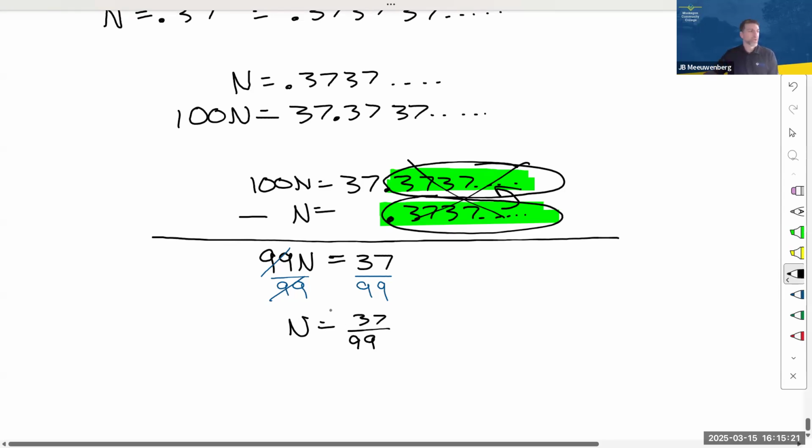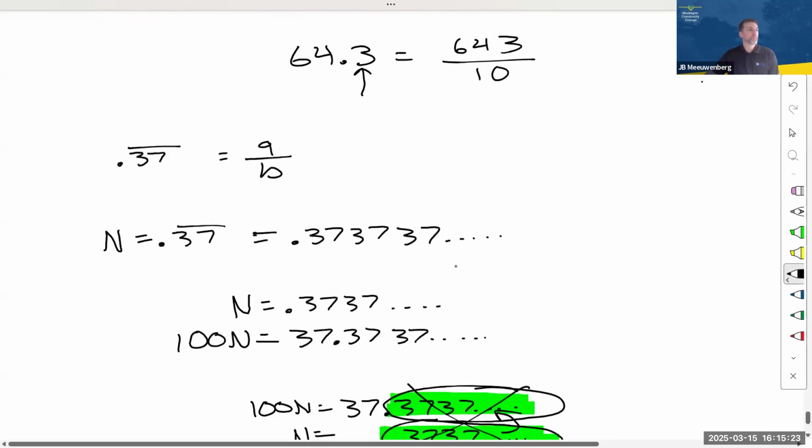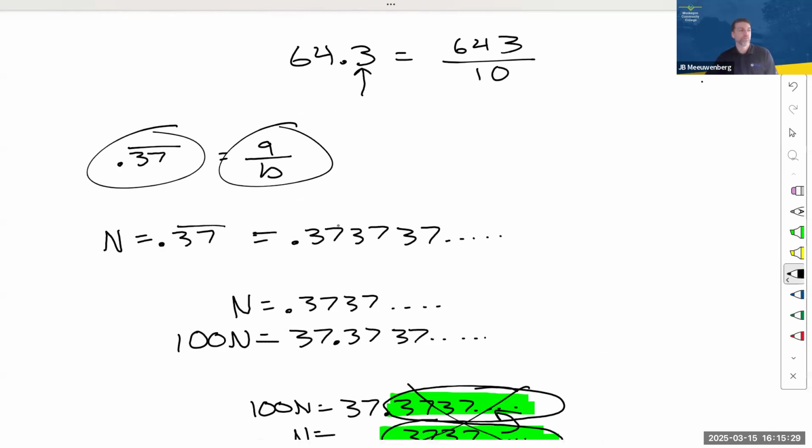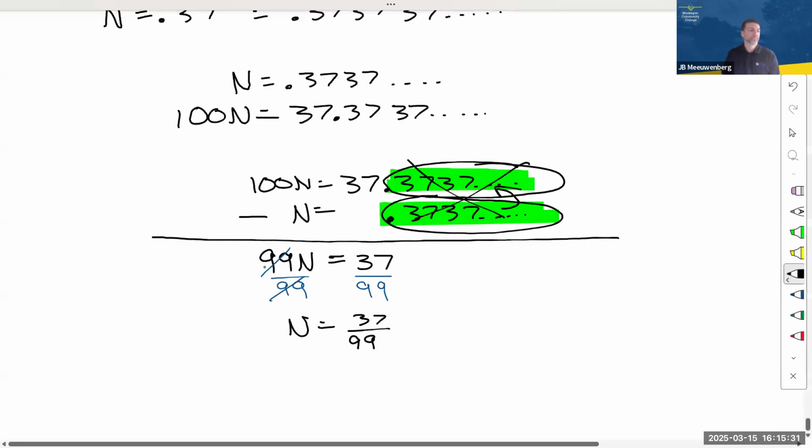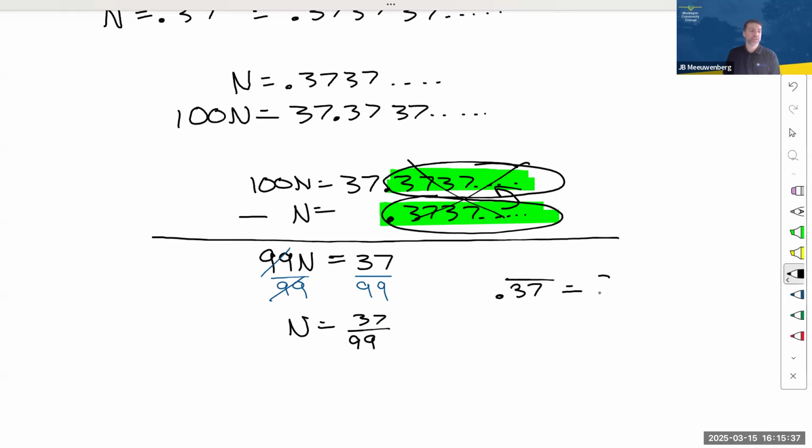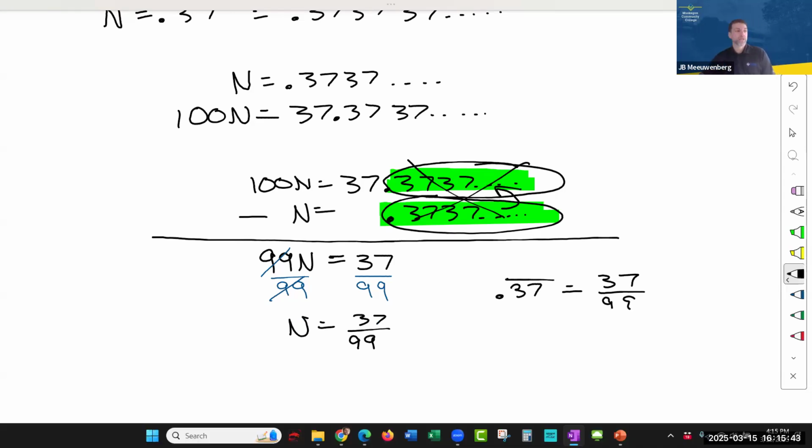And what was our goal? Our goal was to take the number 0.37 repeating and write it as a rational number in the form a over b. So 0.37 repeating is equal to the fraction 37 over 99. And this is one we can check with the calculator too.